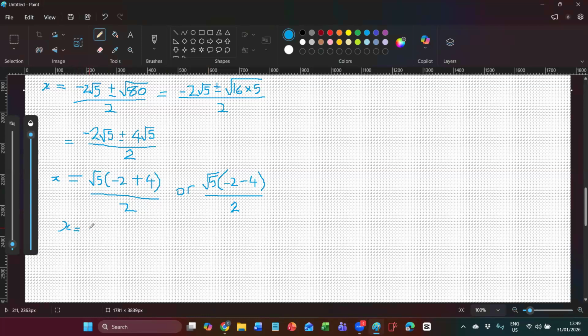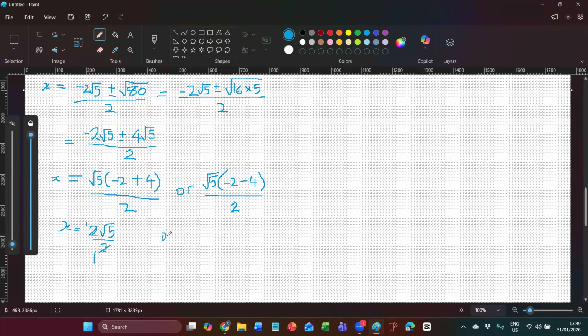Plus 2. Okay. So that's going to be 2 square root of 5 over 2, which we all can see what will happen there. 2 will cancel 2, 1, 1.